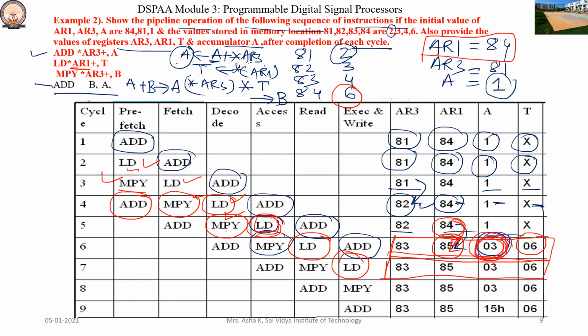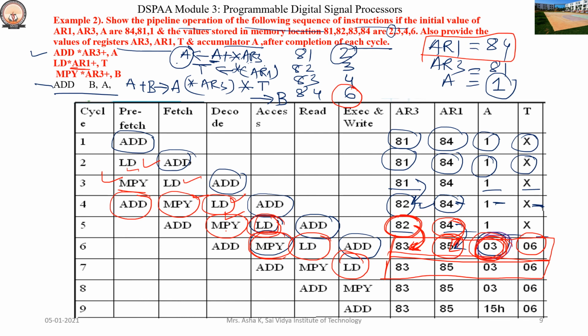When it has appeared in the access phase, if you observe here, the star AR3 plus, the previous value of the AR3 pointer, is changed. That is, 82 is now changed to 83.